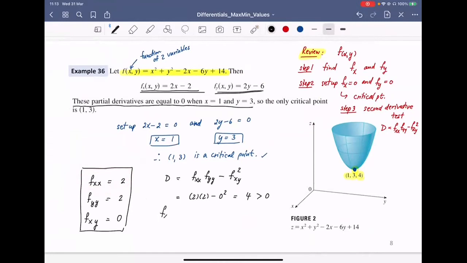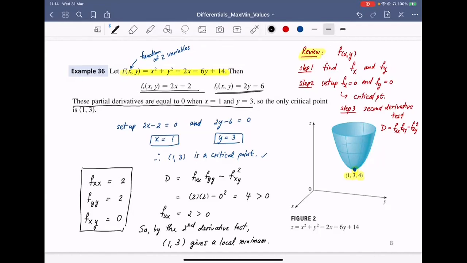So f double prime xx is greater than 0, because it's equal to 2. So by the second derivative test, the point (1, 3) gives a local minimum.